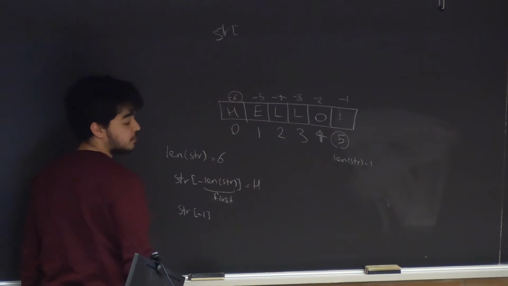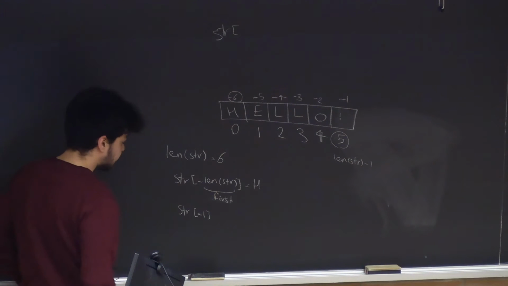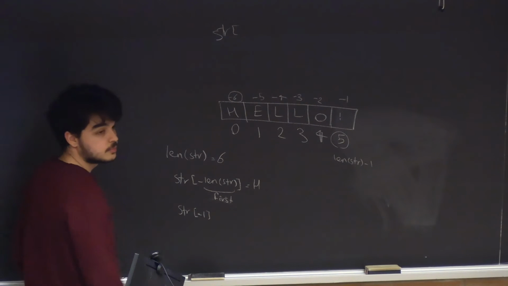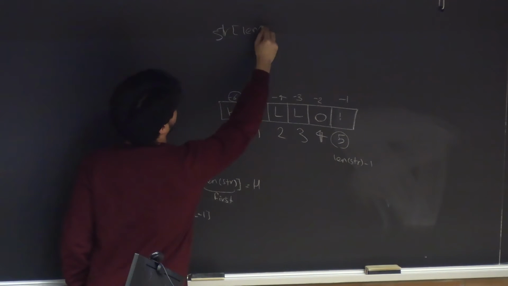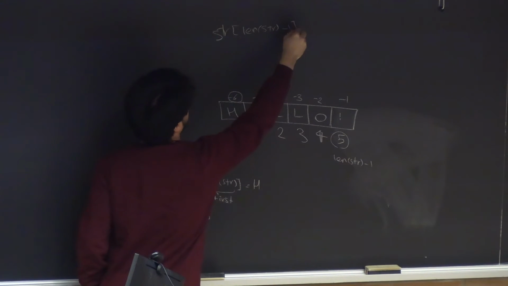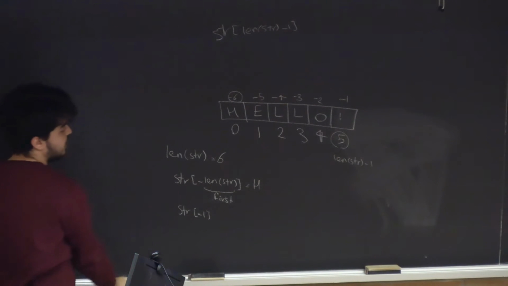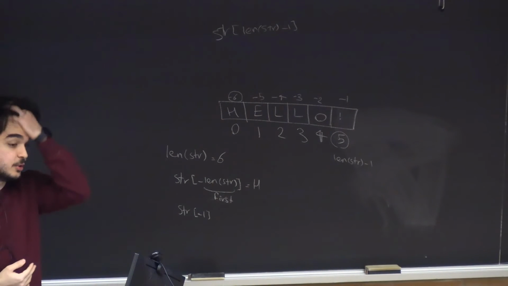Can you guys help me out here? What should I write? Using positive indices. Len of the string, and is it enough? Exactly. So len of the string -1 is the index of the last element. Just be careful with your indices.